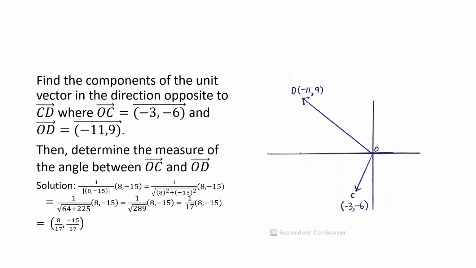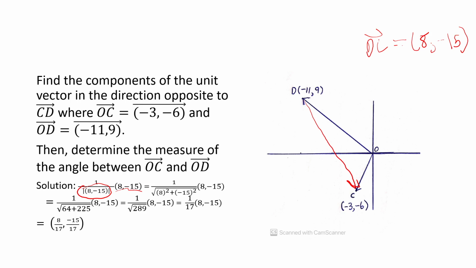So let's see that work. We see that DC is right here. DC equals the vector 8, -15. And what we're going to do is determine the magnitude of 8, -15 and multiply the vector 8, -15 by 1 over that magnitude.